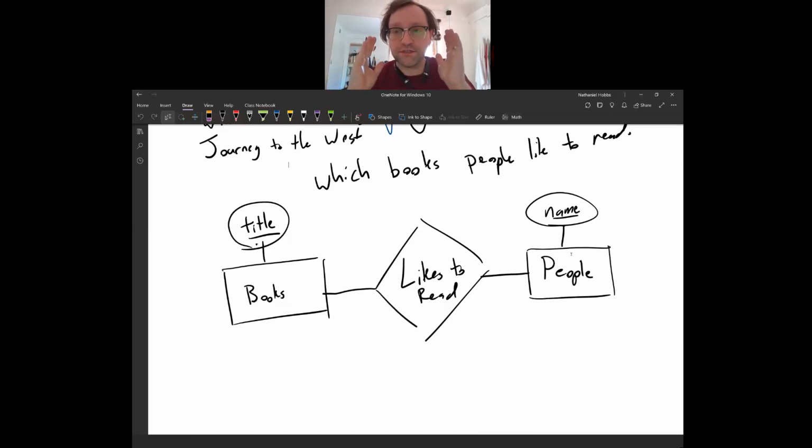And we want to construct a table such that there's a connection that's made. And it's that table that's going to represent their relationship with each other. Okay.